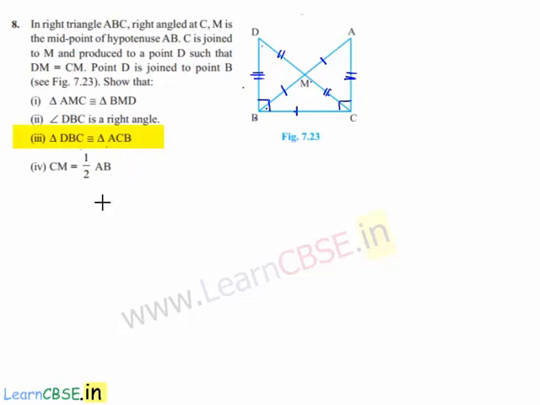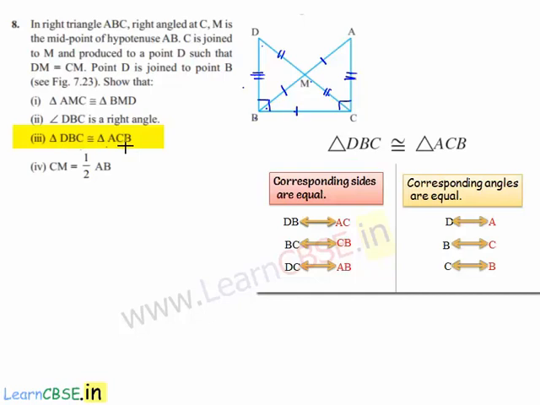When two triangles are congruent, their corresponding sides and corresponding angles are equal. Therefore, the side corresponding to AB in triangle ACB will be CD in triangle DBC. So we can equate AB is equal to CD.